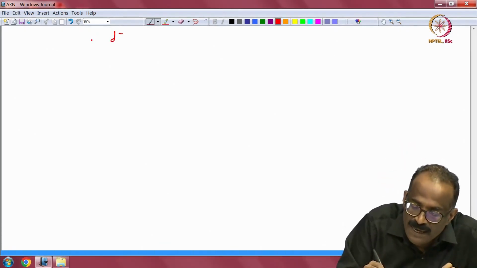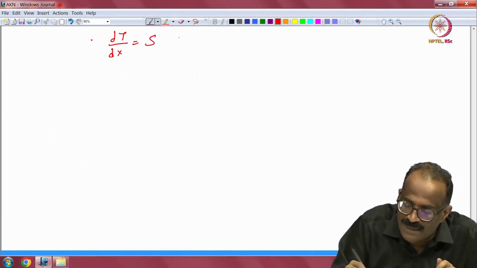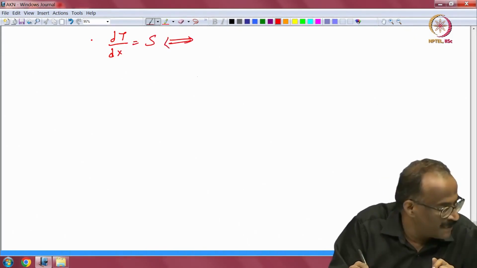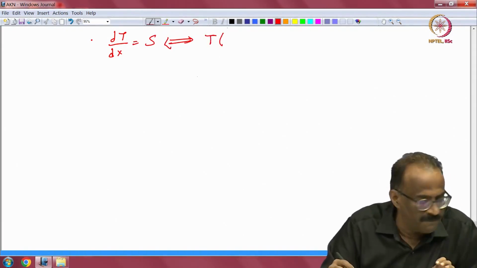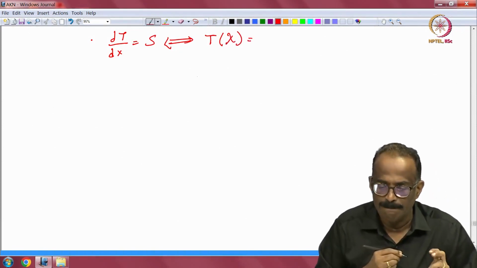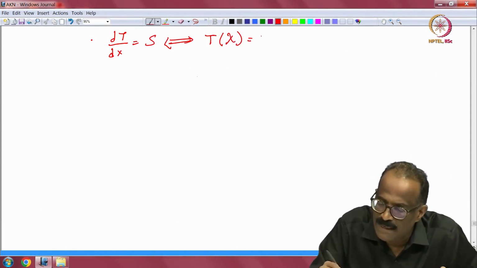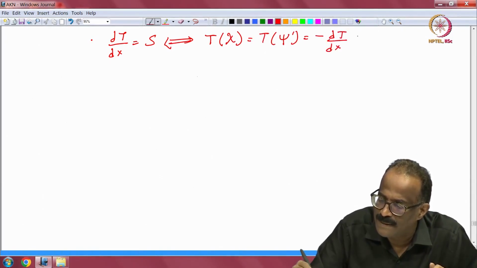So dT by dx equal to S if and only if T of chi is equal to T of psi prime, that is equal to minus dT by dx of psi, that is equal to minus S of psi.